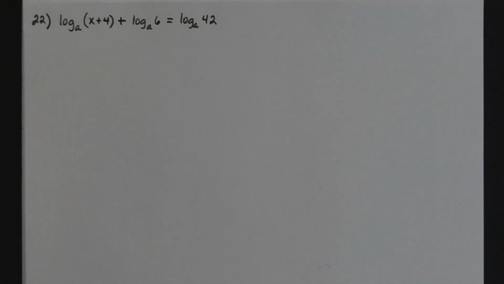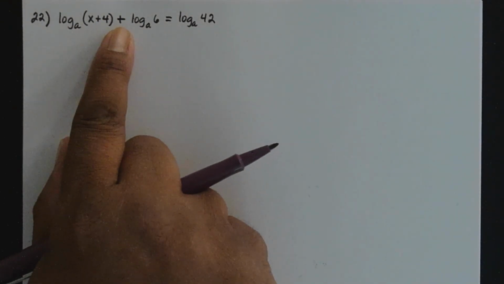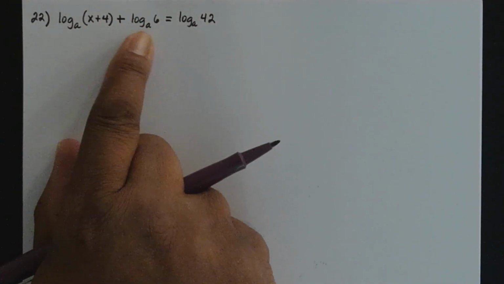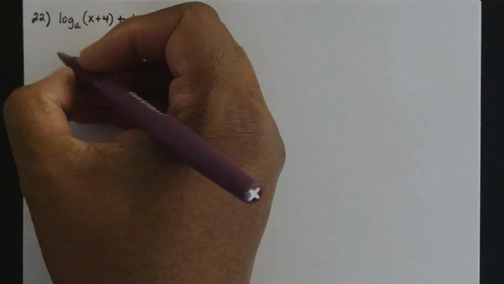Okay, so the first thing you need to do here is condense each side as a single logarithm. Look on the left side, we have a plus sign in between those two logarithms. That means I need to condense that using what rule?